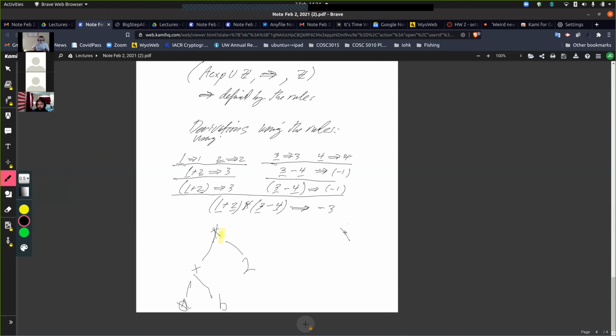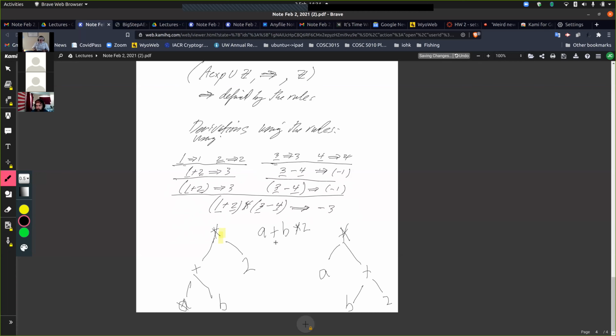But the string that represents that tree, you could also have as A plus B times 2.